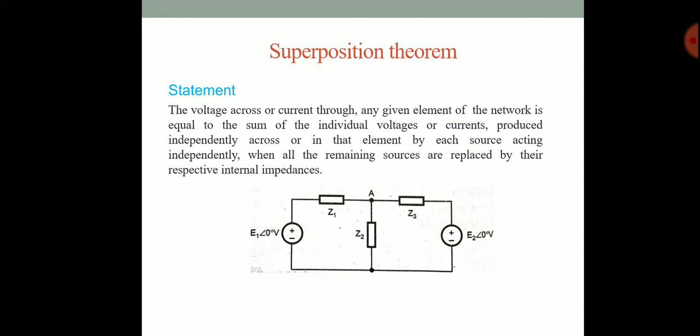At this time, the other source must be replaced by its internal impedance. But as the internal impedance of E2 is not given, the source E2 must be replaced by a short circuit. Hence the circuit becomes a network reduction technique due to source 1 alone.